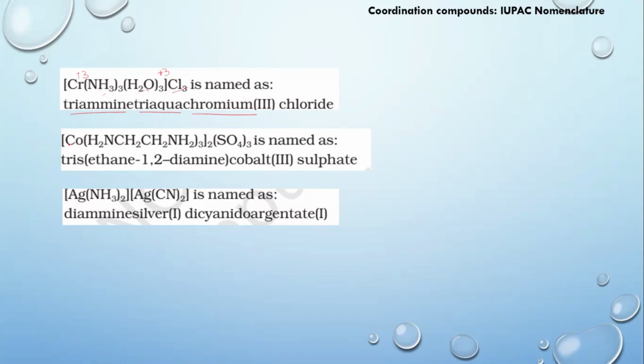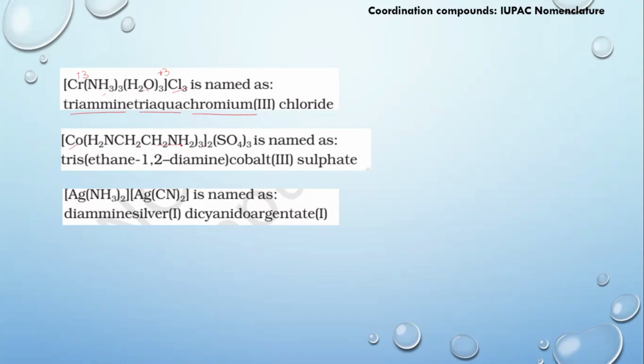Coming to a second example, here the central metal ion is cobalt. There are 3 molecules of the ligand ethane-1,2-diamine, and the counter ions are sulfate.